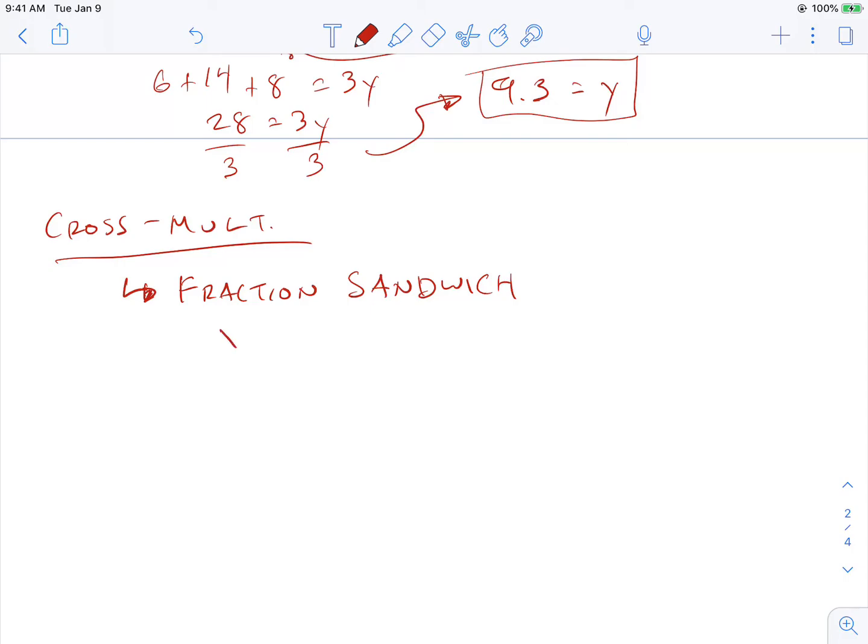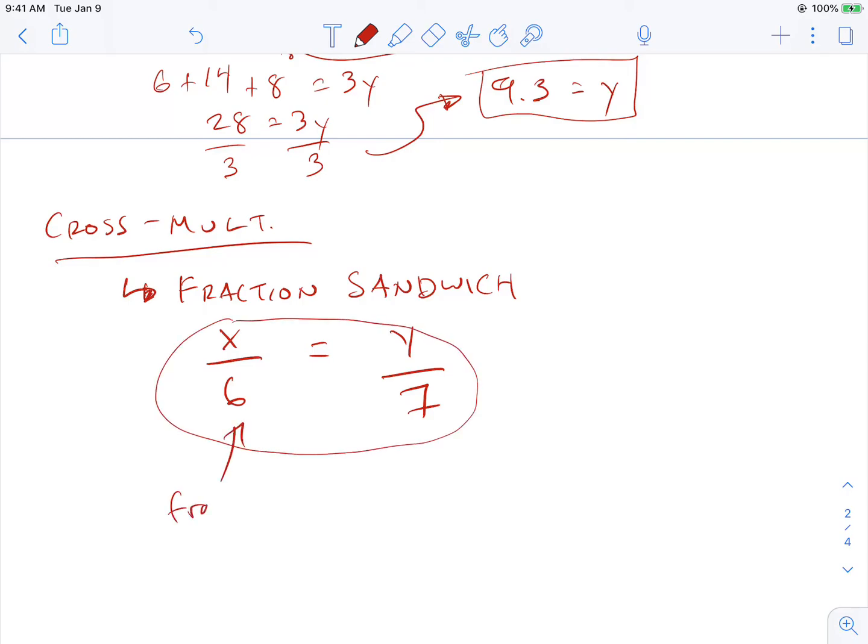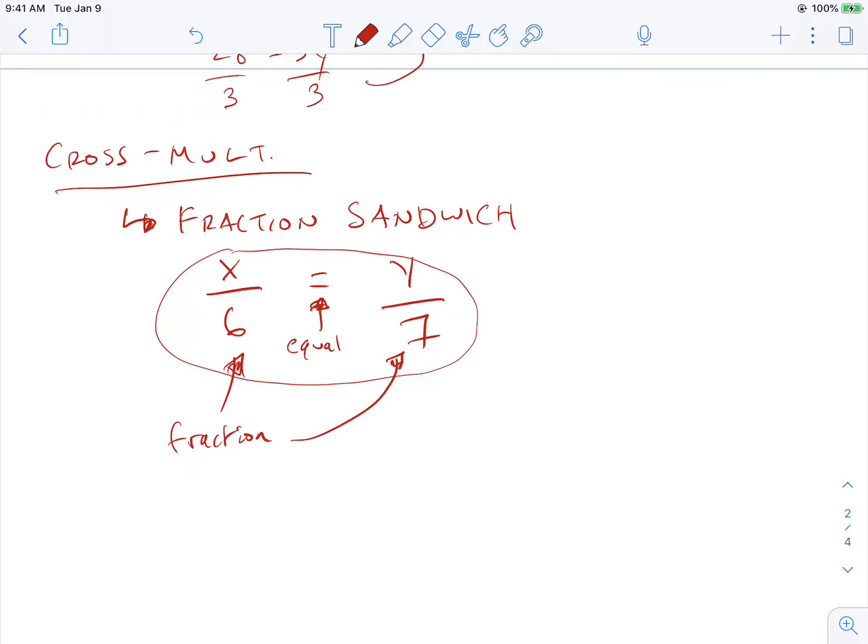If we had something like x over 6 equals y over 7, this is a fraction sandwich. Fraction on the left, fraction on the right, and then our equal sign. If you have this, you can follow some very unique rules that are going to make your life a whole lot easier.